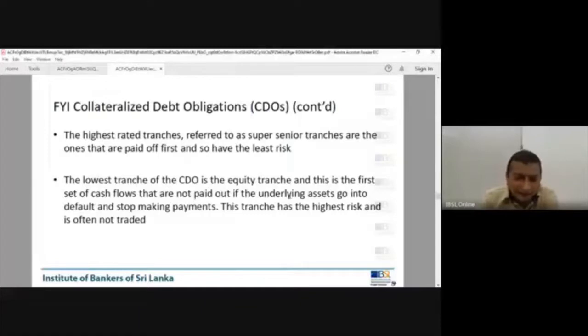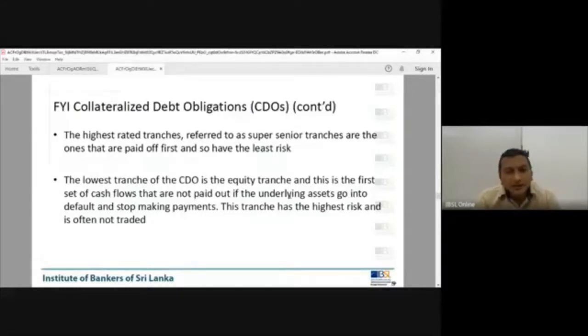And it's the same way when you wind down a business or a financial intermediary. First, you have to settle your liabilities. Ultimately, only the common share owners, equity holders, shareholders get settled from whatever amounts are retained with the organization. So similarly, when the CDOs are having difficulties, super senior tranches get priority.